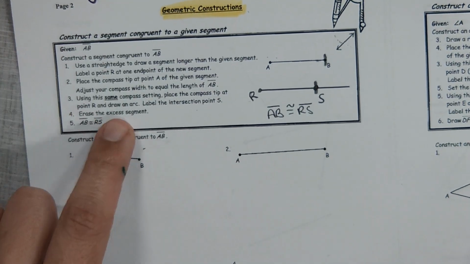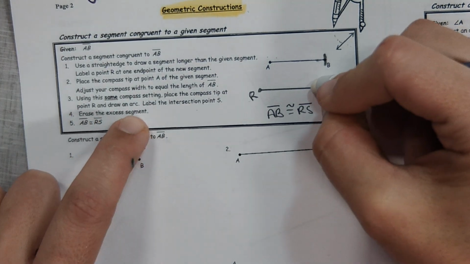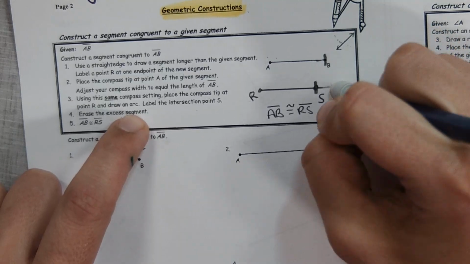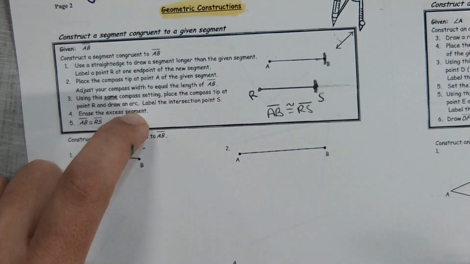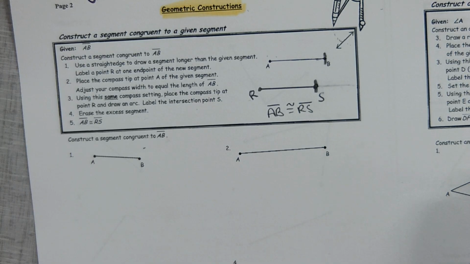And then the last step, it says to erase the excess segment. Leave that up to you. But if you erase the excess, then it's the exact same. So as you can see, this is actually more precise than even using a ruler.